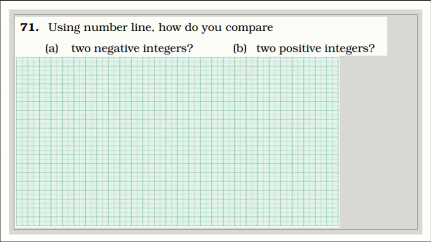For better understanding, I have taken a graph sheet and I am drawing a number line on it. Here I have extended it in both directions because it's a number line, and I am marking this point as 0.